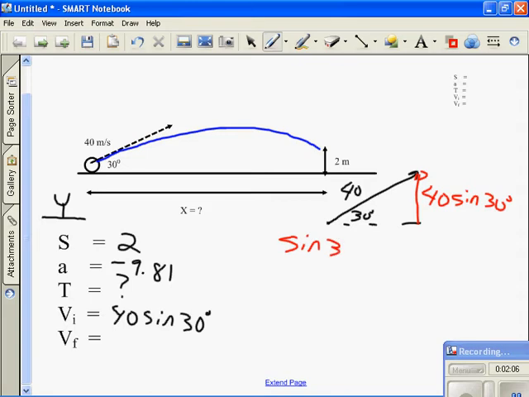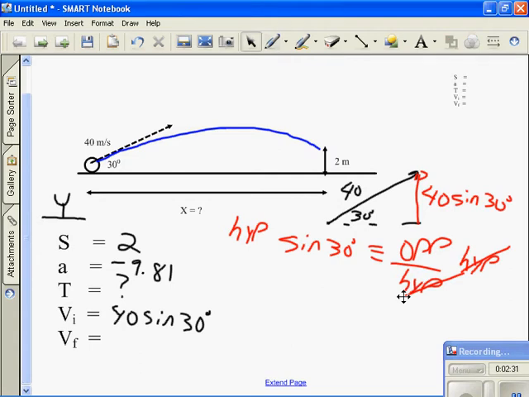Sine of 30 degrees, by definition, is the opposite leg over the hypotenuse, which in this case happens to be 40. If I multiply both sides by the hypotenuse, then it will give me the length of the opposite leg. So in this case, it would be 40 times sine of 30. Sine of 30 is 0.5, so it works out to be 20 anyway.